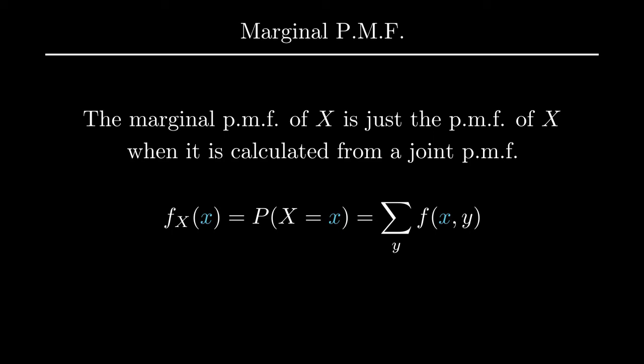Notice that we use the symbol f sub X for the marginal PMF of X. This is to distinguish it from the joint PMF, for which we are already using the symbol f. This also distinguishes it from the marginal PMF of Y, for which we use the symbol f sub Y. In general, we will use subscripts to indicate which random variable this is the marginal PMF of.